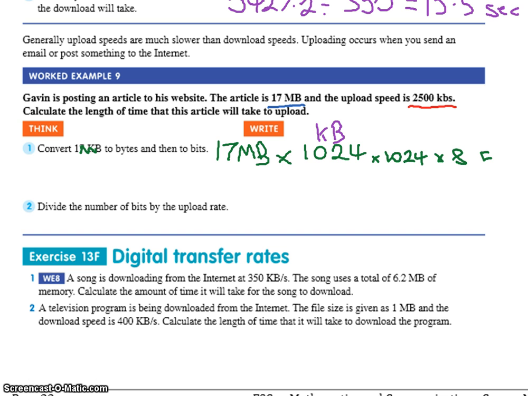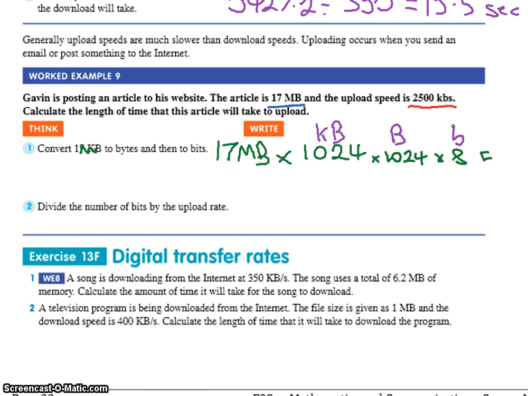What is it when we've taken it to kilobytes? When we times it by 1024 again, what are we going to get to? We've gone from megabytes to kilobytes. What's the next step down? Bytes. And then we times it by 8 to get it to bits. Does that make sense?